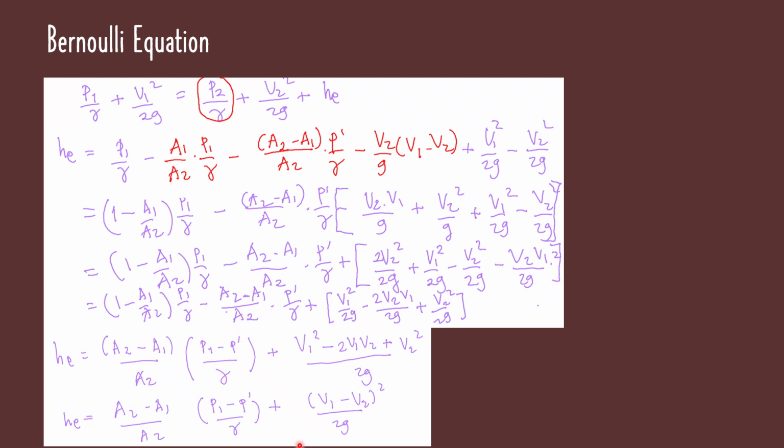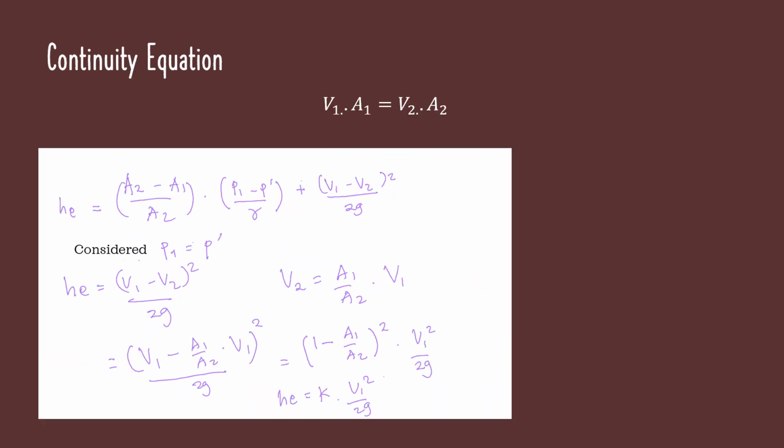Because P1 equals P', the simple formula will be HE equals (V1 minus V2) square over 2g.